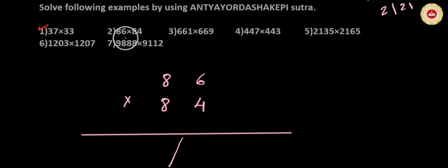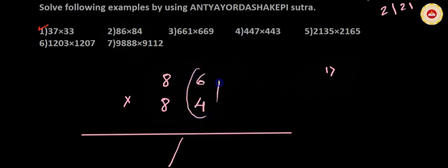Second example, 86 multiplied by 84. 86 multiplicand, 84 multiplier. Now let us see if these two numbers satisfy the two conditions or not. What is the first condition? Sum of last digits should be 10 or its power. 6 plus 4 is 10.